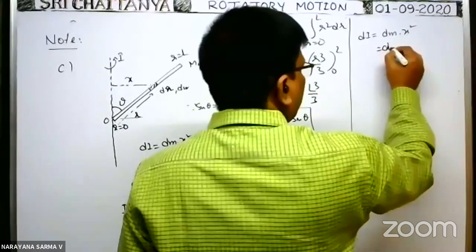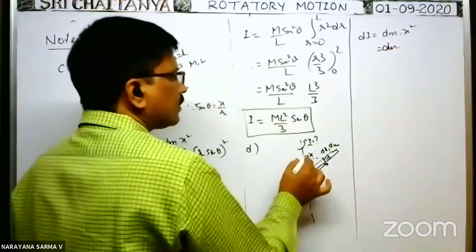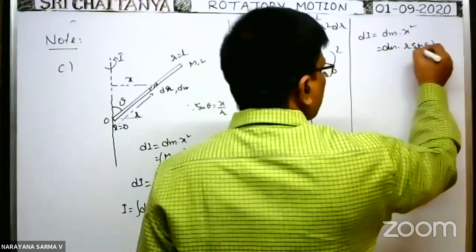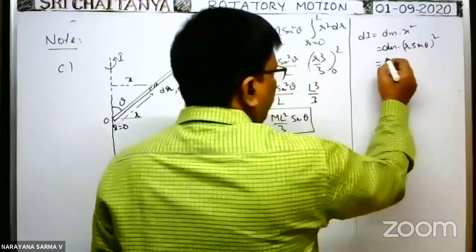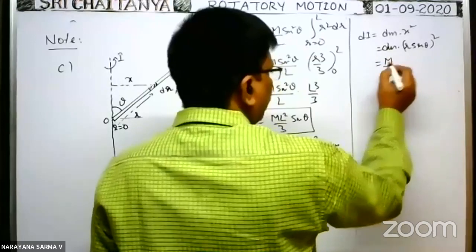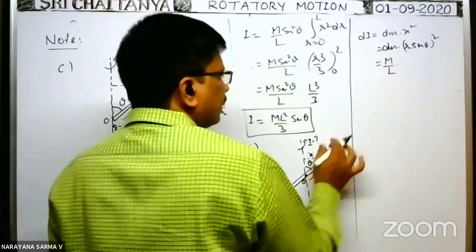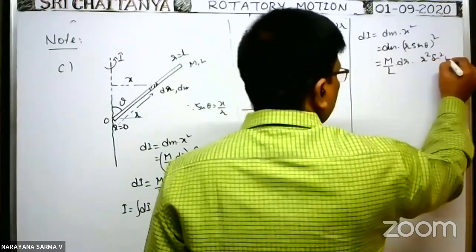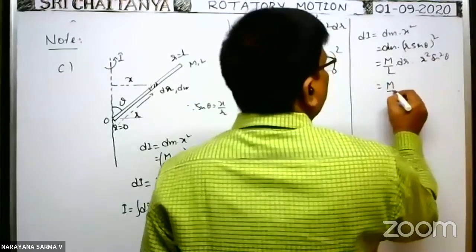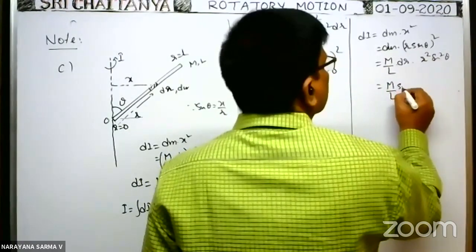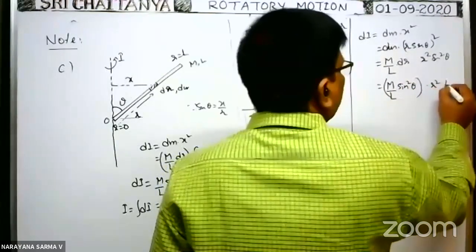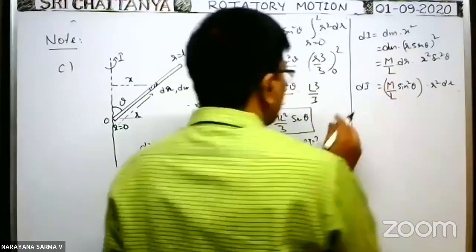This is dm into (r sin theta) whole square, as in the previous case. dm means mass per unit length, m by l, into dr. So into r square sin square theta. Here m by l into sin square theta is constant, keep it aside, into r square dr. This is the moment of inertia of this element.